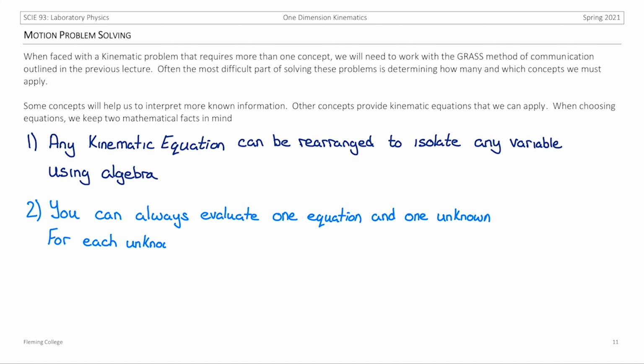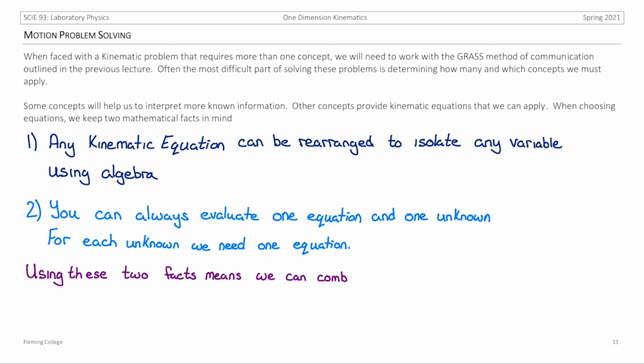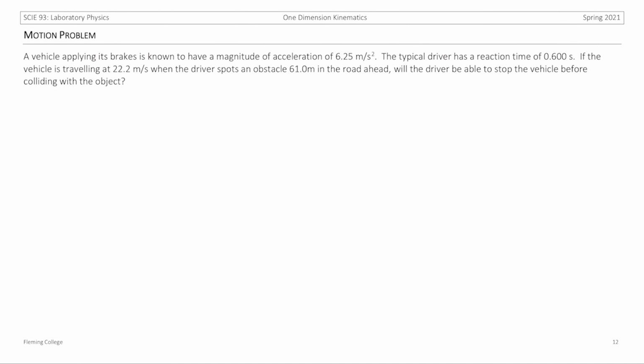So if you look at an equation and it has two unknowns in it, you'll have to look for a second equation to substitute into it to get rid of that second unknown. That fact means that we can actually combine multiple equations, and that follows some of the steps you saw in your textbook for deriving our kinematic equations. So let's look at a few examples.